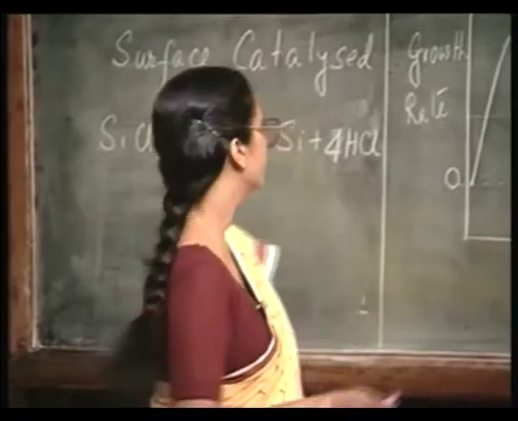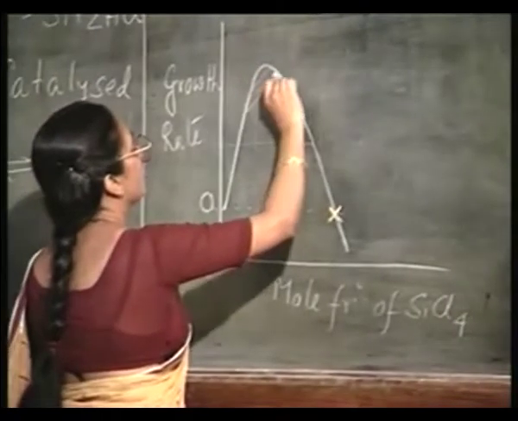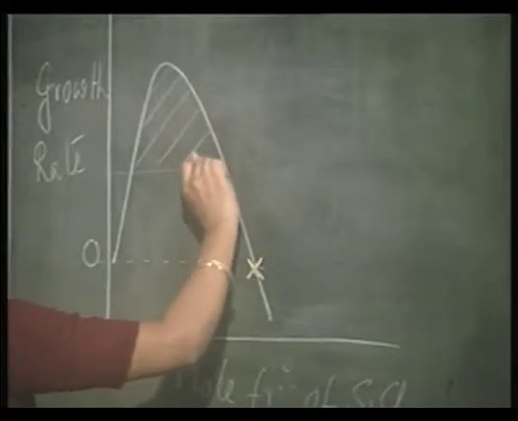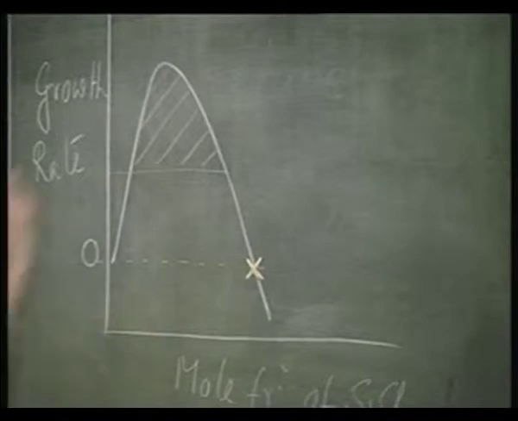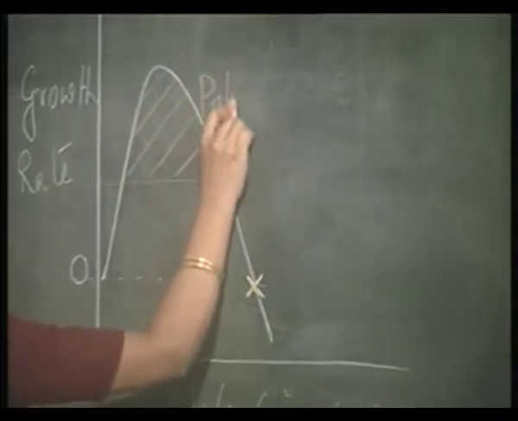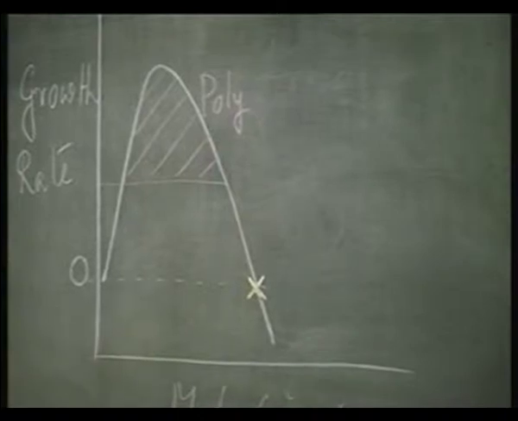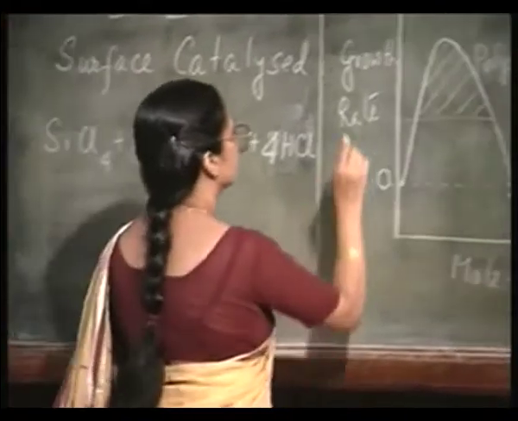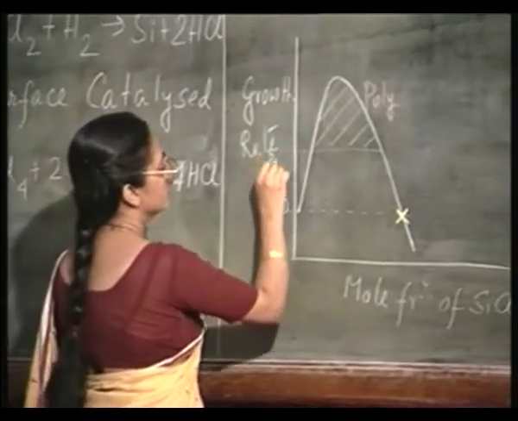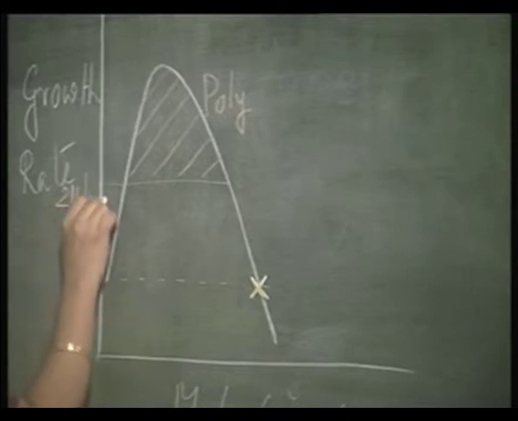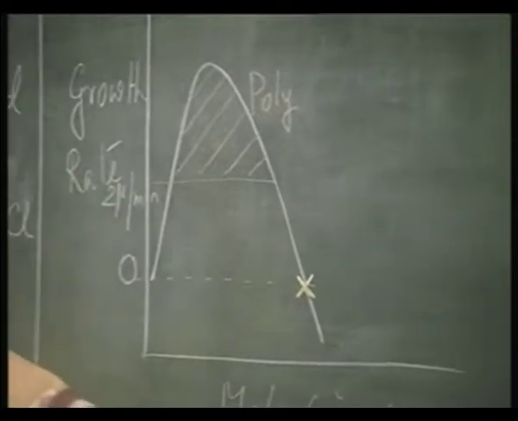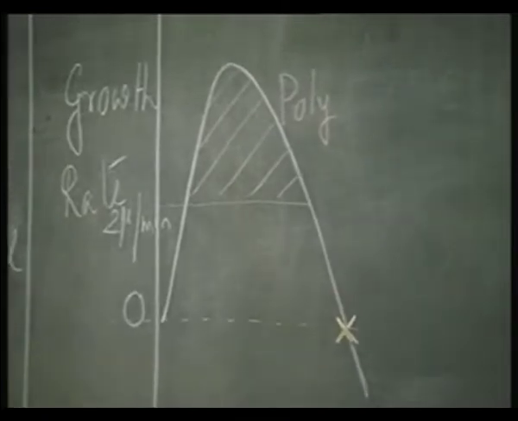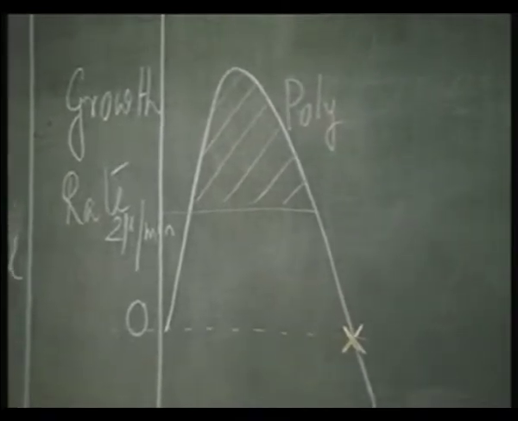We will have polycrystalline growth when the growth rate has become too high, say greater than 2 micrometer per minute. So, for a very high growth rate, a single crystal layer is not possible to be achieved.